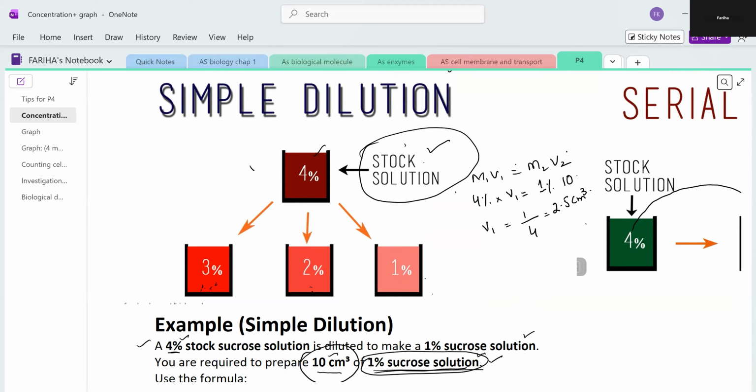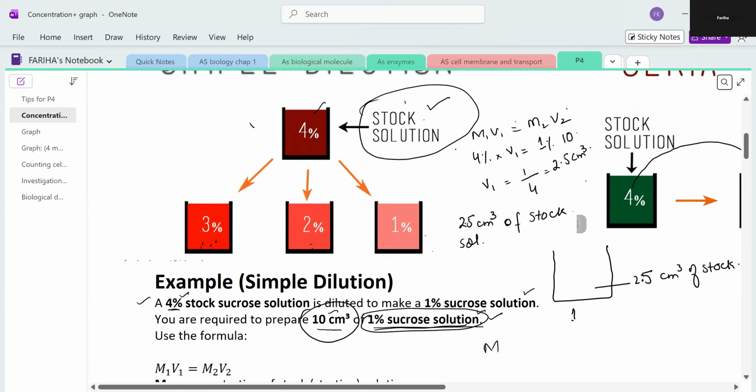So we are going to take 2.5 cubic centimeter of stock solution in a beaker, and we need to prepare 1% sucrose solution out of this stock solution. The final volume of this 1% sucrose solution should be 10 cubic centimeter.